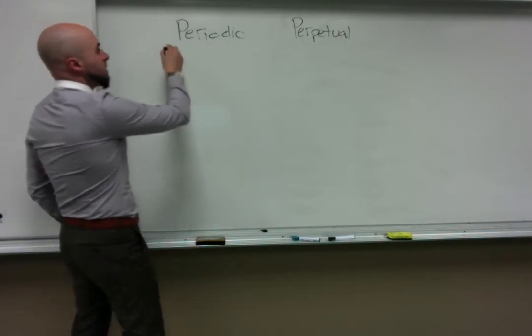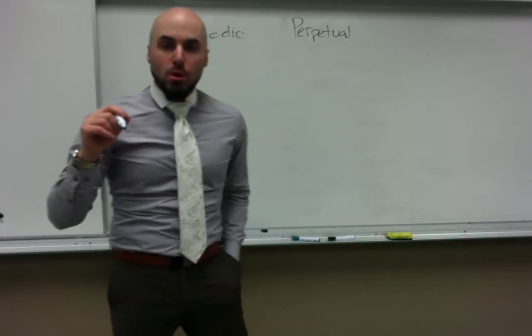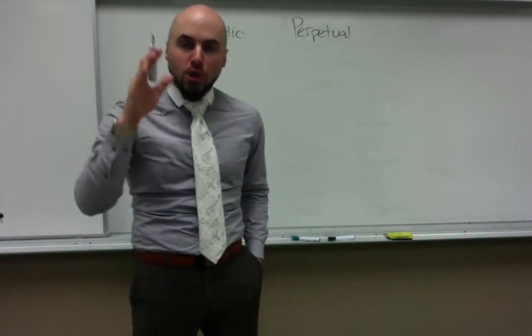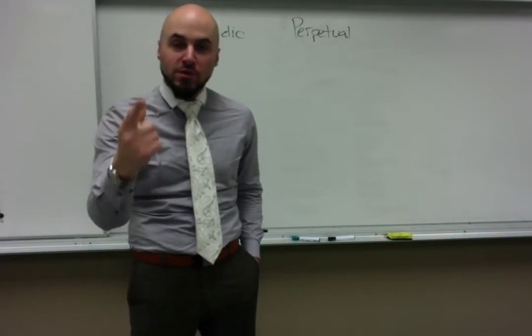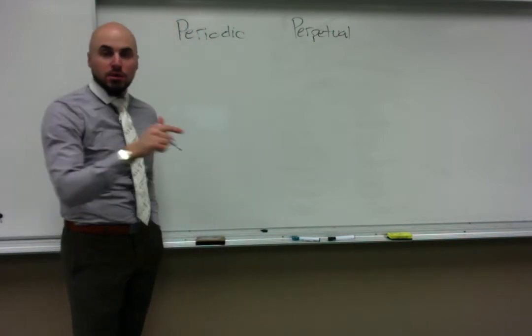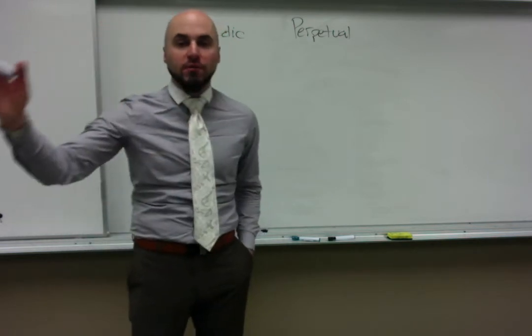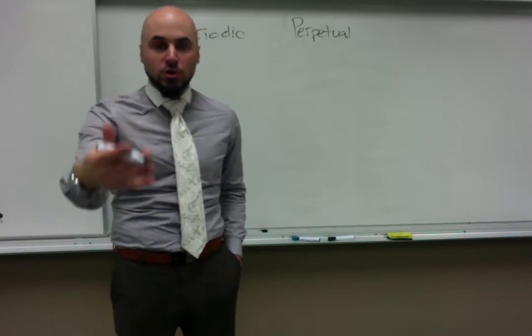Let's say, well, first we'll make an association. Since perpetual is always keeping track of inventory after every single purchase, after every single sale, all right? Periodic is not necessarily keeping track of it after each purchase and after each sale. Okay, so we'll make distinctions as we go through.